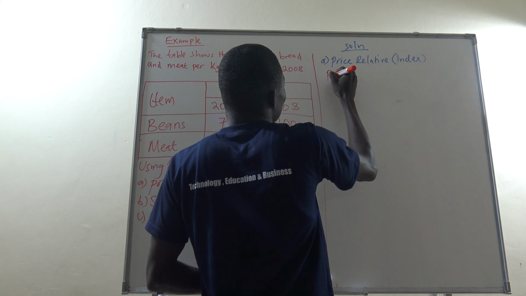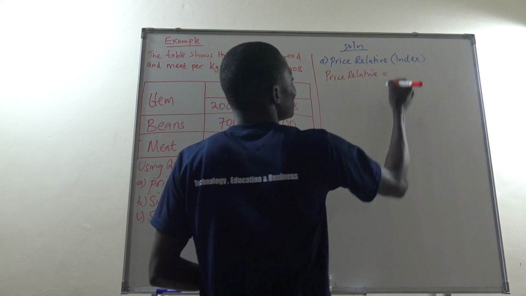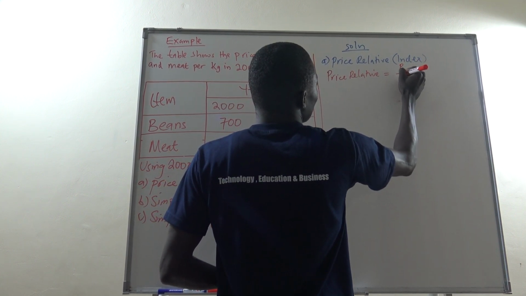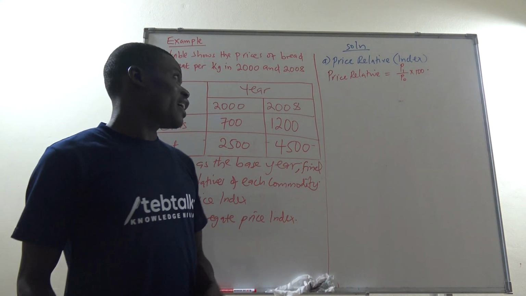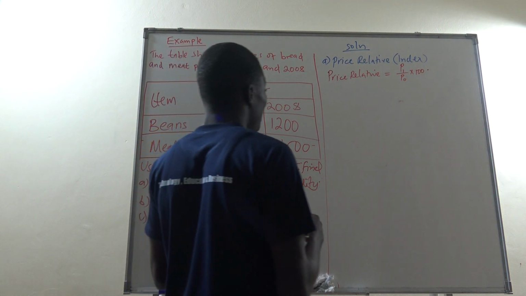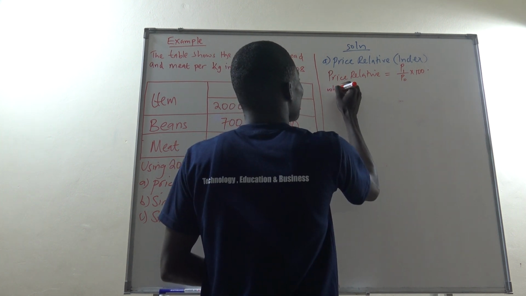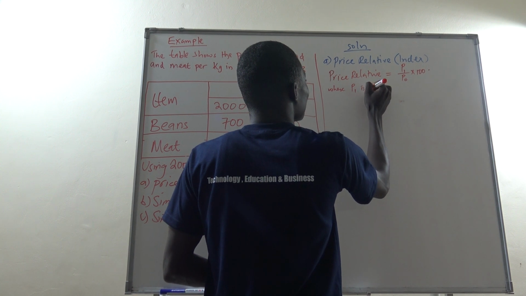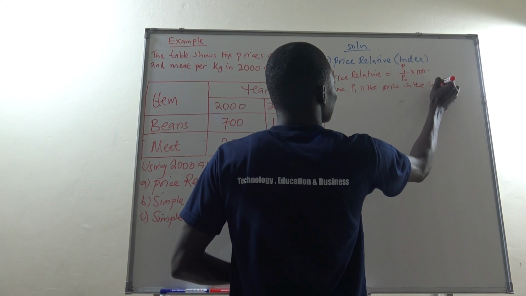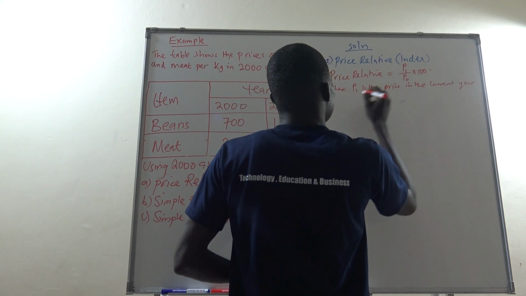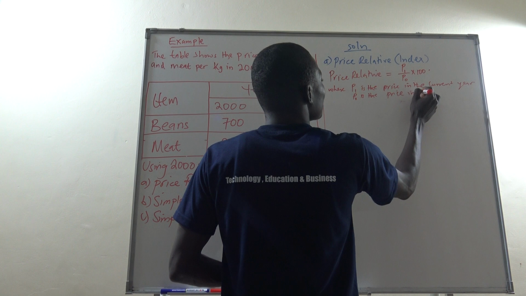We say that our price relative is given by P1 out of P0 times 100, where P1 is the price in the current year and P0 is the price in the base year.